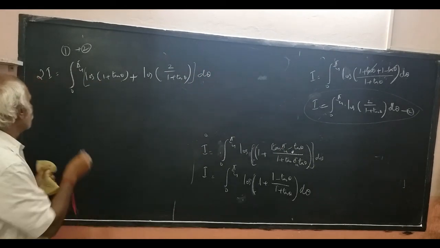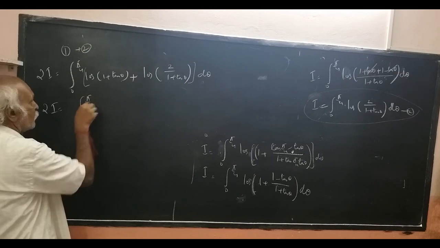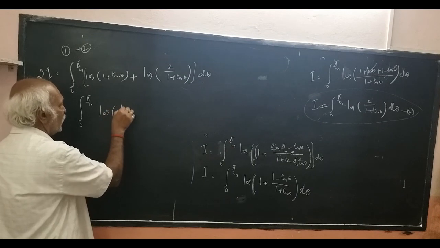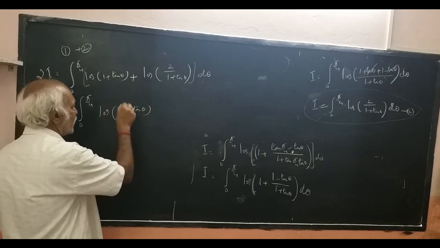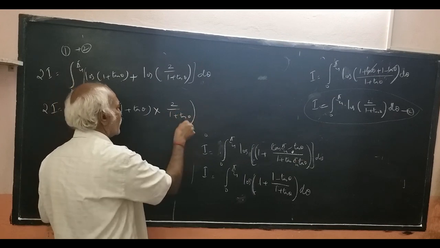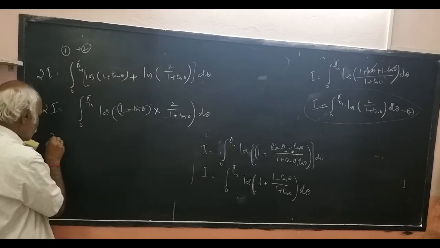Now 2i is equal to 0 to pi by 4. This is log a plus log b, so log of ab. So 1 plus tan theta into 2 by 1 plus tan theta d theta. These two will get cancelled. So what is the left over?